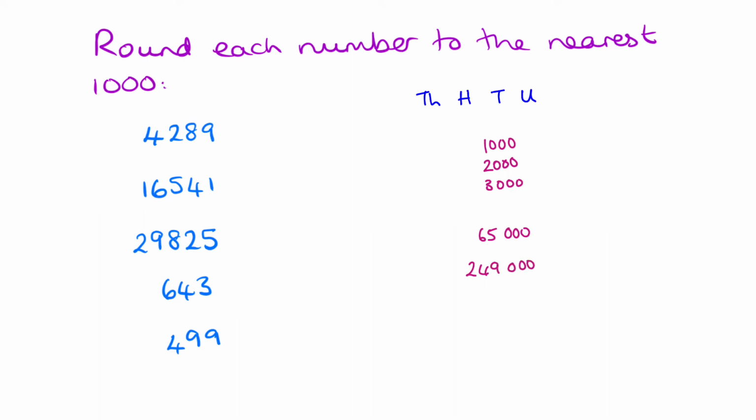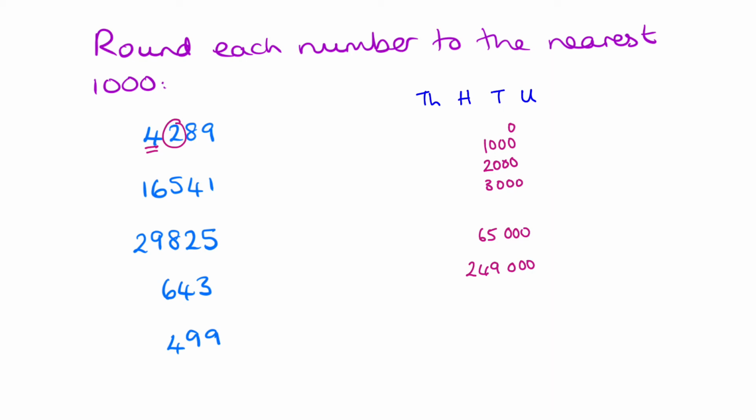All the numbers in the 1,000 times table are going to be ending with 3 zeros, apart from 0, of course, because that's just one 0. We don't need several zeros with that, do we? So when we look at the first one, 4,289, it's the 4 that's the 1,000 digit, and the 2 is going to tell us whether we leave the 4 as it is or whether we move it up to a 5.